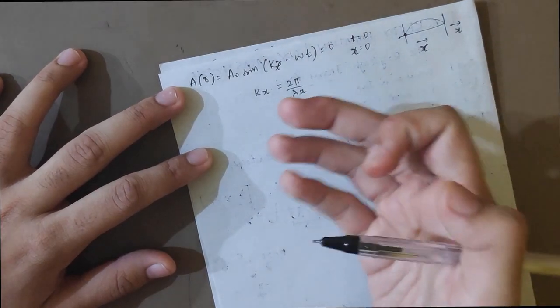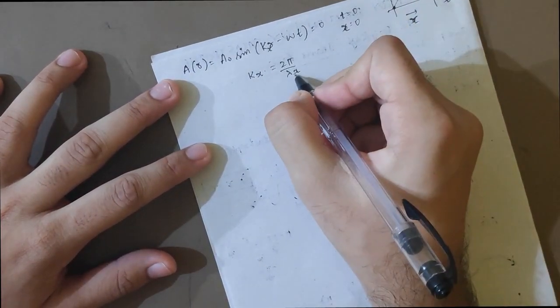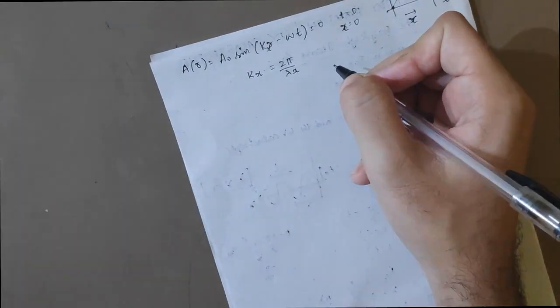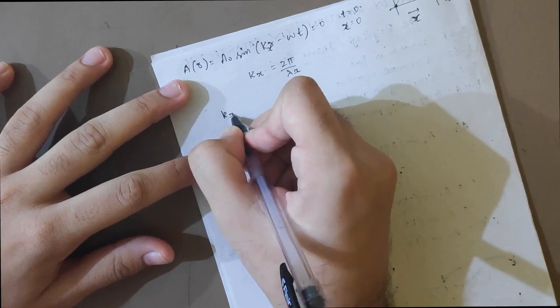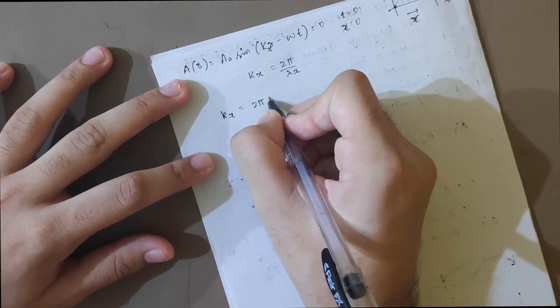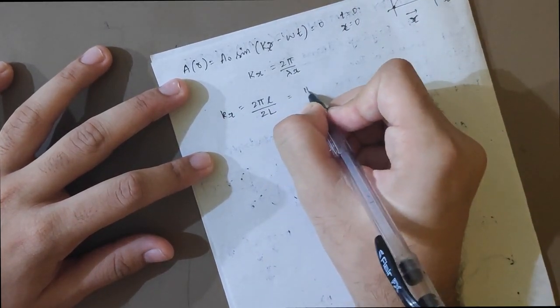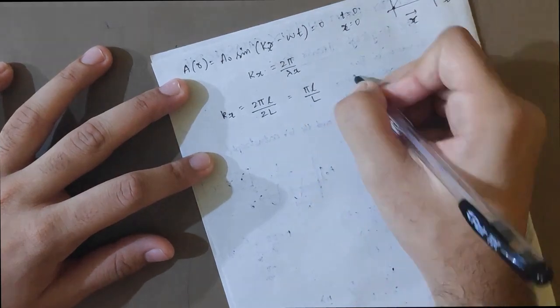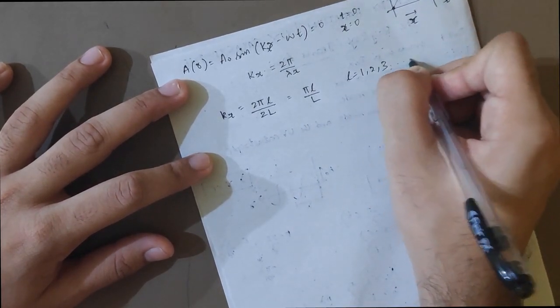Hence the values of kx which fit into the box are those for which lambda x is equal to 2L by a natural number. So you have kx equal to 2 pi l by 2L, where l is a natural number. This becomes pi l by L, where l takes on the values 1, 2, 3, and so on.